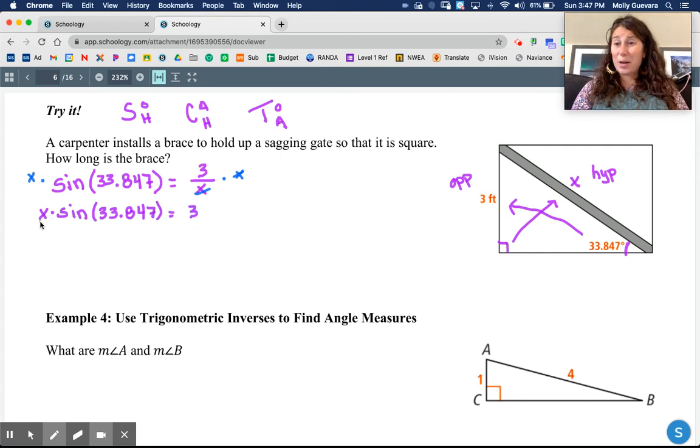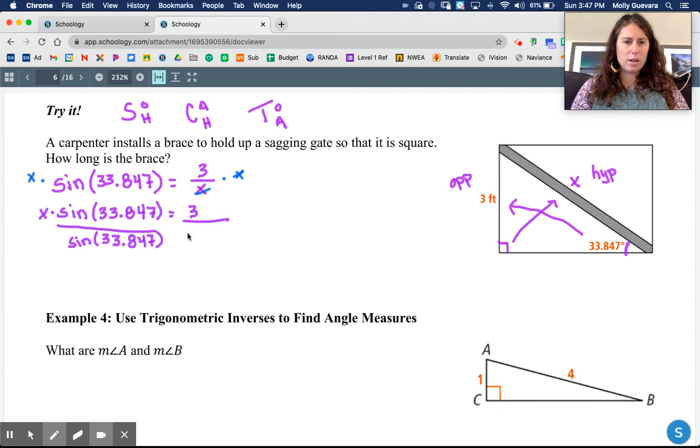But I want this x by itself. So now I'm just going to divide both sides by sine of 33.847. So x is equal to 3 on top, and then on the bottom is sine of 33.847.